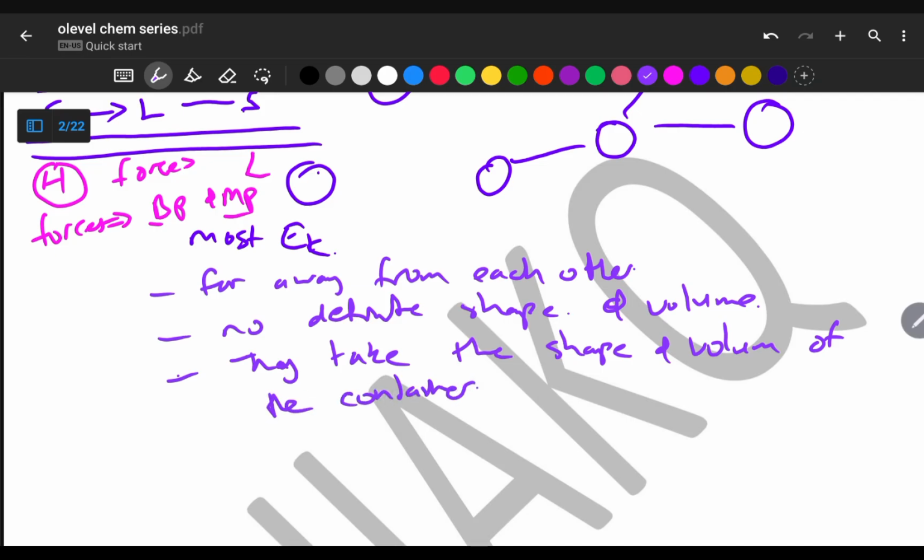Are we together, guys? So this is what you need to know for the gases, the solids, and the liquids.